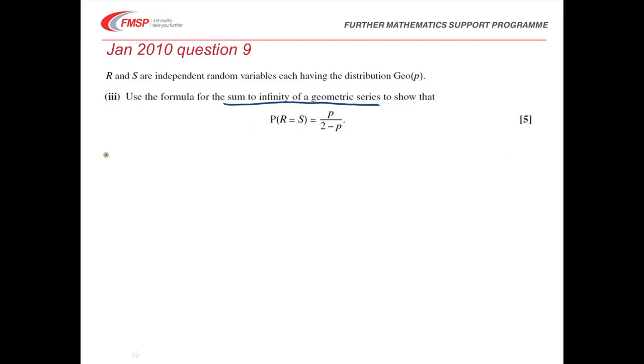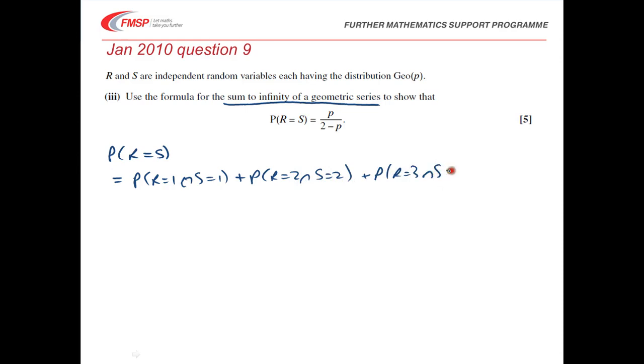So let's think about what this is really saying. The probability that R equals S is going to be the probability that R equals 1 and S equals 1, or the probability that R equals 2 and S equals 2, plus the probability of R equaling 3 and S equaling 3, and so on.